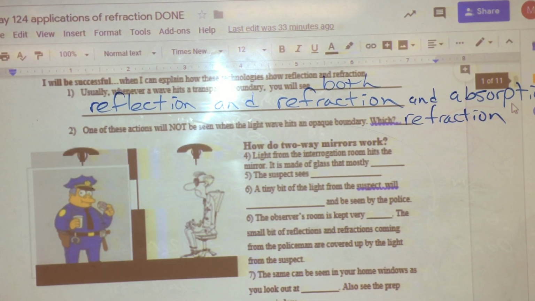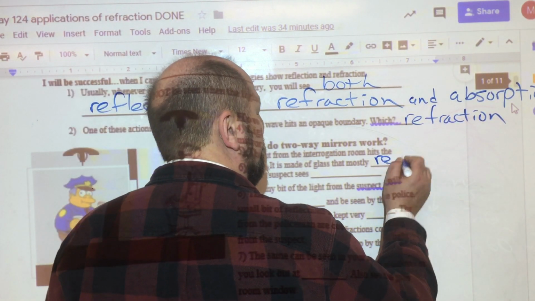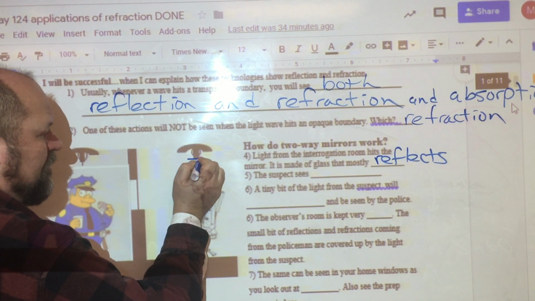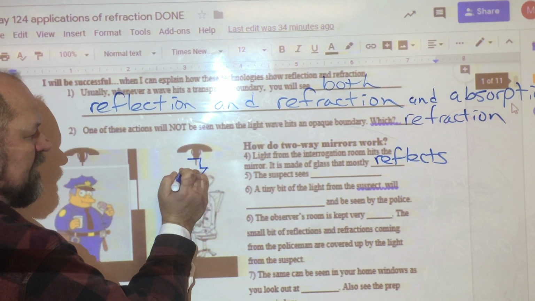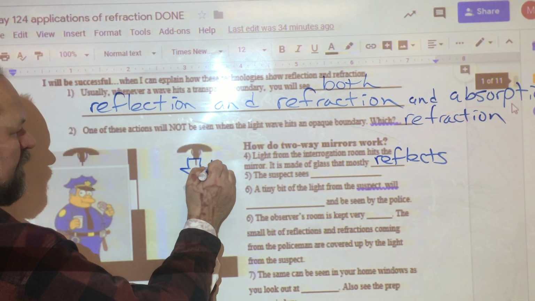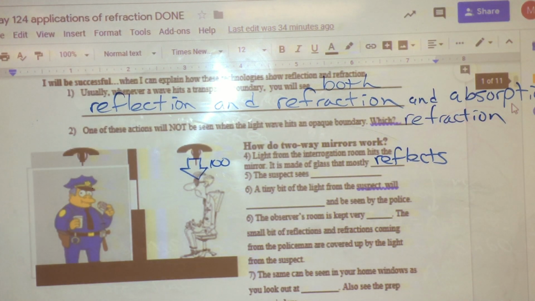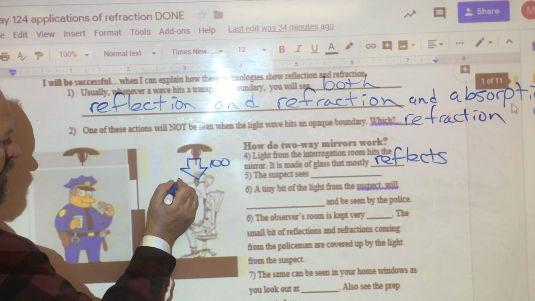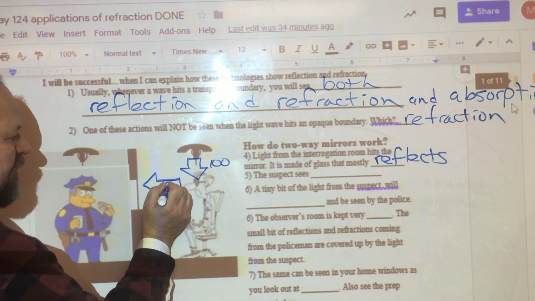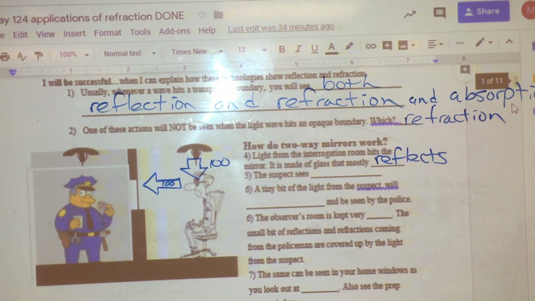How do two-way mirrors work? Light from the interrogation room hits the mirror, which is made of glass that mostly reflects. So we have lots of light coming down from this light bulb, hitting the suspect's face. Let's say there's 100 units of light, 100 photons, that hit and bounce this way, off of his face onto the mirror.